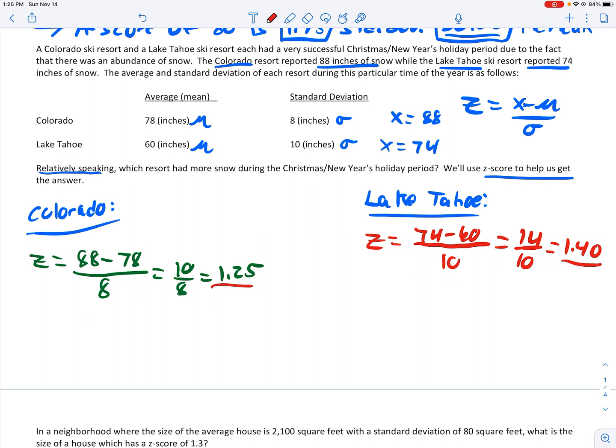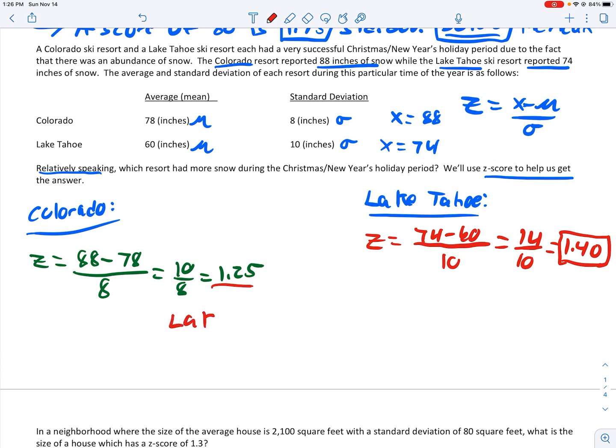How do we determine that? Well, the number that's further above the average means you got more snow relative to your average. So since Lake Tahoe has the larger z-score, relatively speaking, they got more snow.